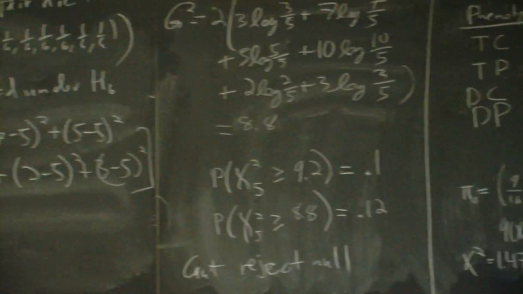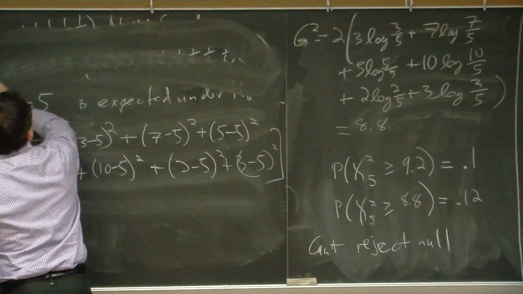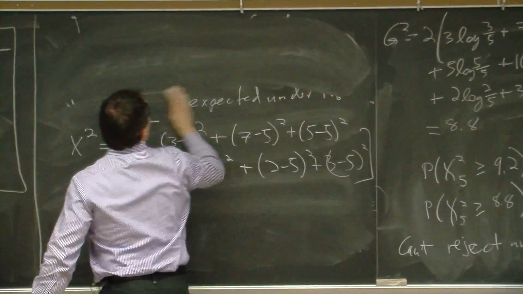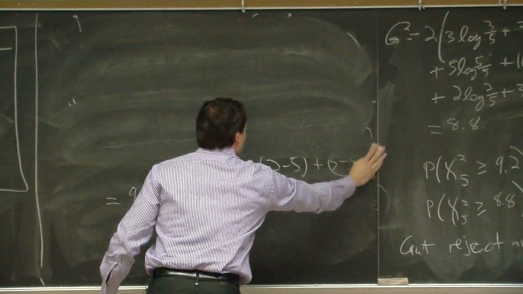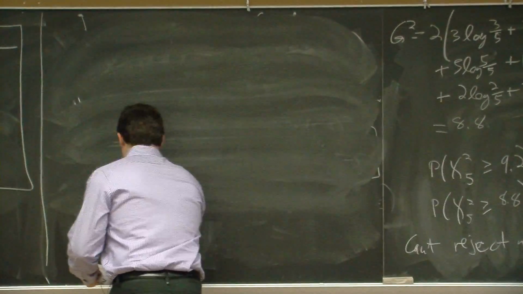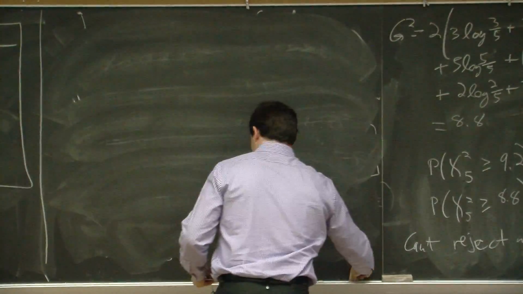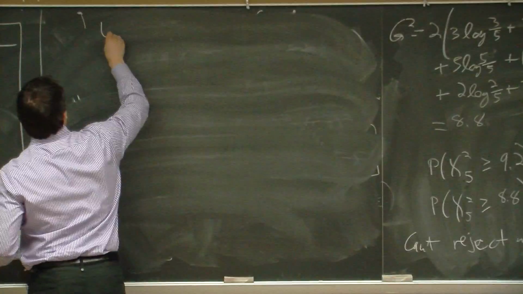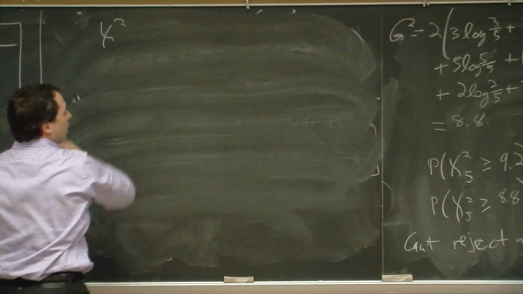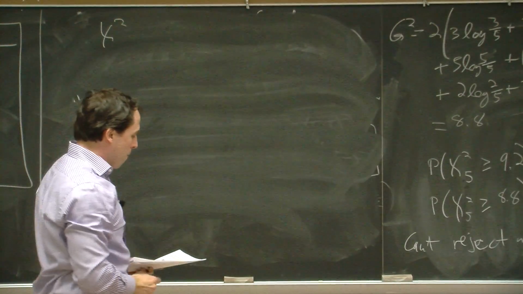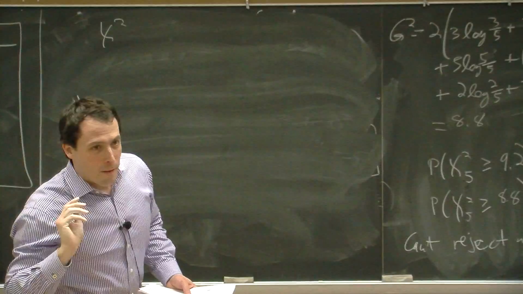I'm going to leave this up because I want to add a column to it. And what's our chi-squared distribution? How many degrees of freedom? 3.